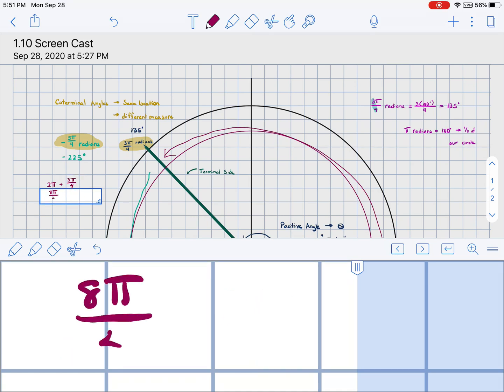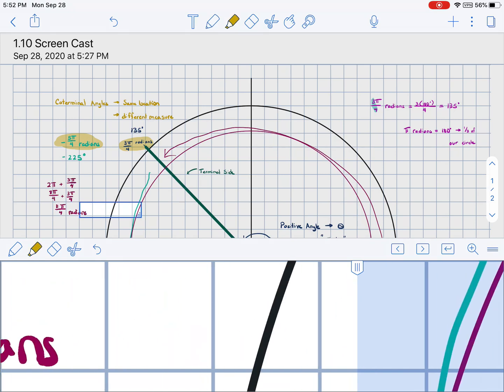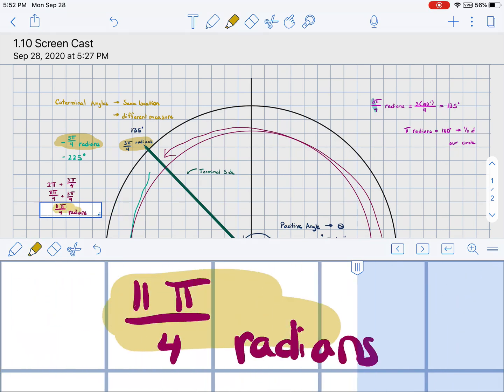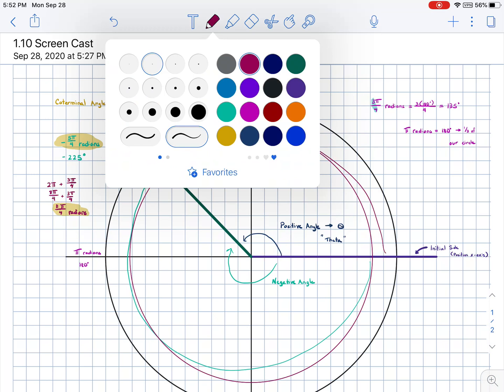Ooh, good times for fractions. I'll call that 8 pi over 4 instead of 2 pi plus 3 pi over 4. So another coterminal angle for that same location could be 11 pi over 4 radians. And I could do this for a long time. We could just keep spinning and spinning, or I could spin in the negative direction if I wanted.